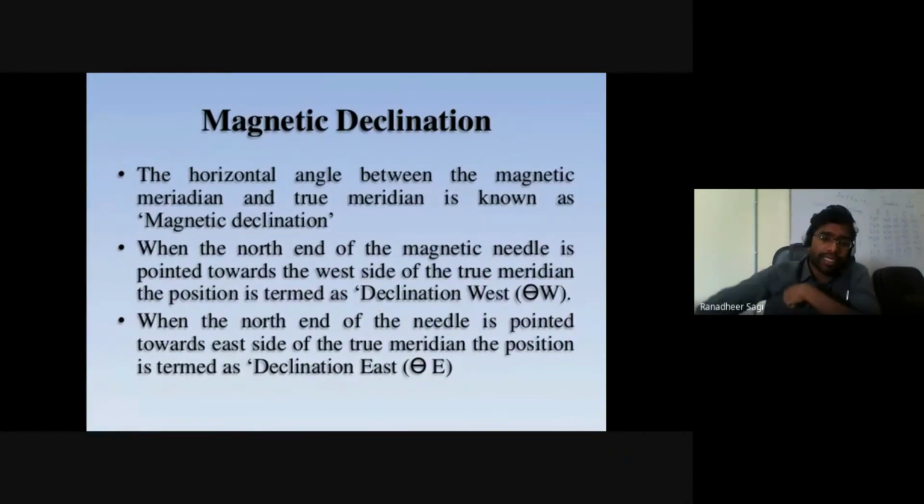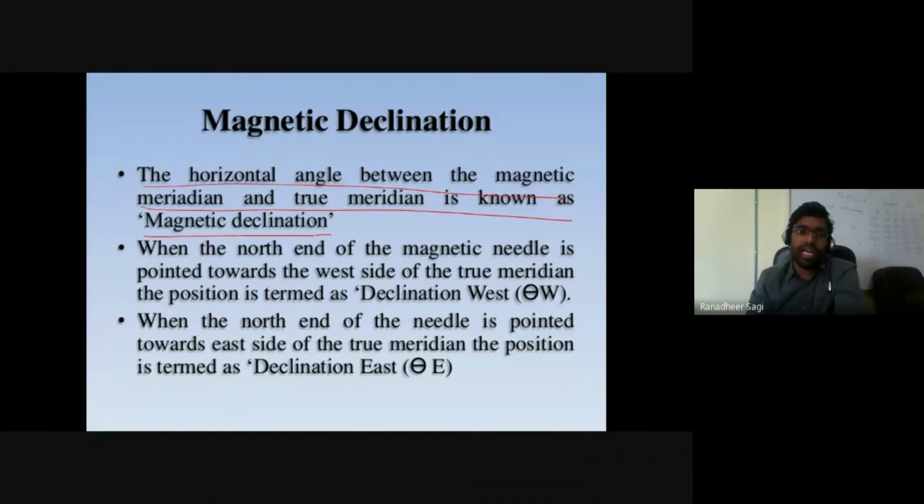We said magnetic declination is the angle made between your survey line, or the difference of the bearings you have with respect to the survey line when the bearing is measured with true meridian as reference and when the bearing is measured with magnetic meridian as reference. So how do we define magnetic declination? It is the horizontal angle between the magnetic meridian and the true meridian.